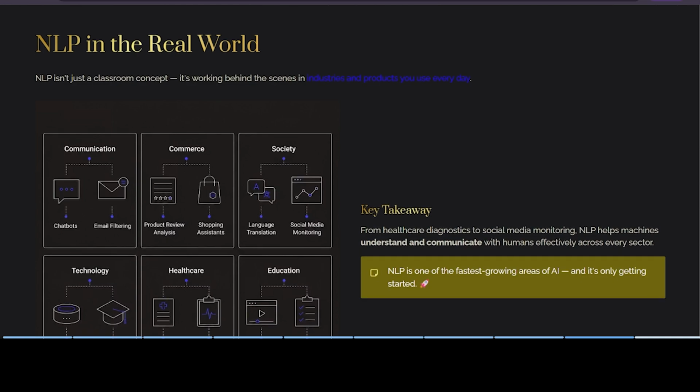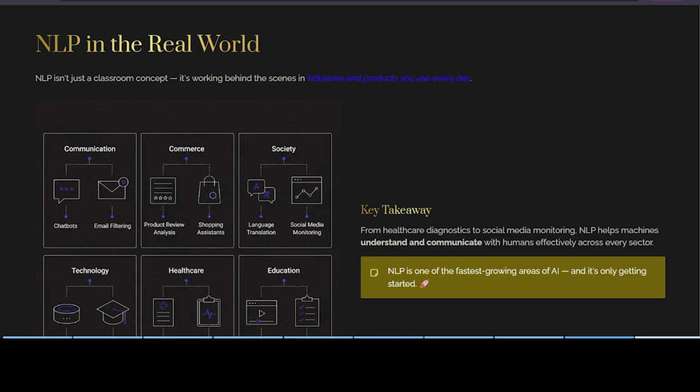And then we are going to see NLP in the real world. In the real world, NLP is almost everywhere. In healthcare, doctors analyze the patient records. In education, students receive personalized learning support because of NLP. In the banking system, it is used to provide fraud detection and customer support, solving finance-related issues. Then automatic report generation, e-commerce website recommendation systems, social media comment analysis, and spam detection.